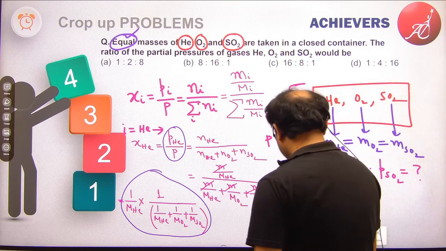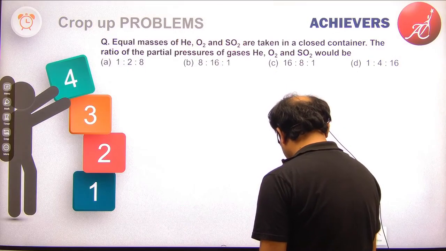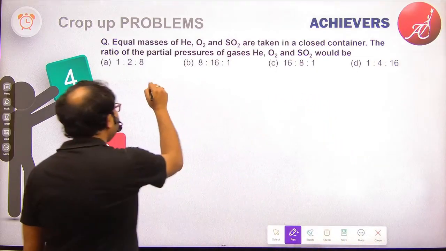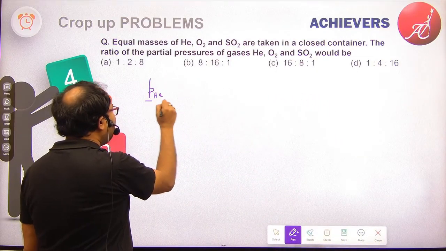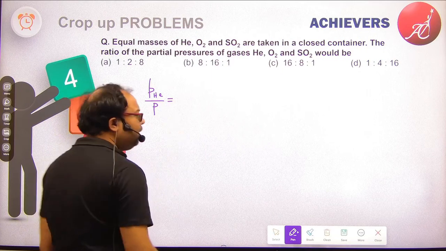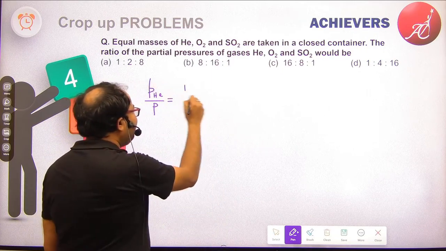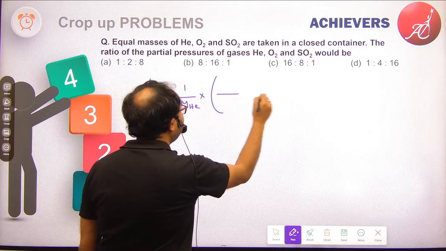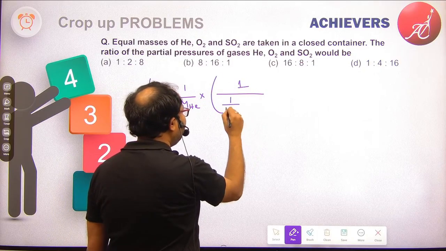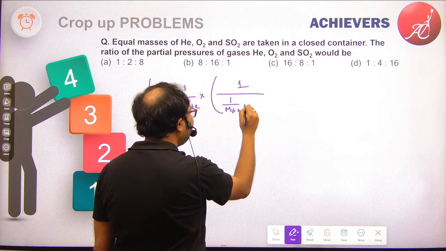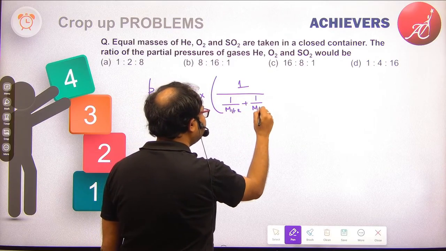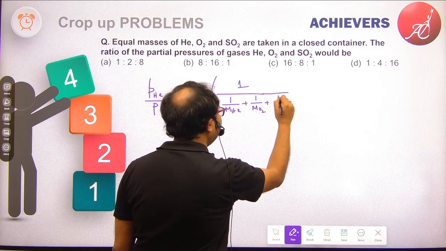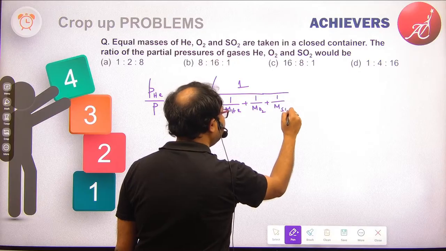We can write P helium by P to be equal to 1 by molar mass of helium multiplied by 1 by the sum of 1 by molar mass of helium plus 1 by molar mass of oxygen plus 1 by molar mass of sulfur dioxide.